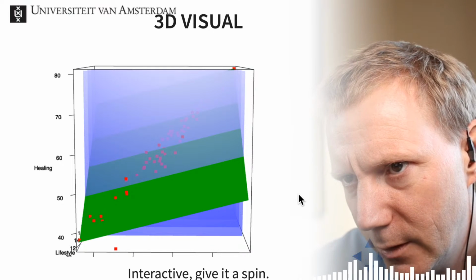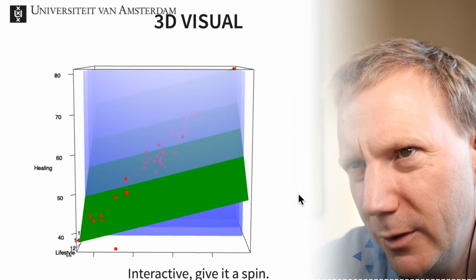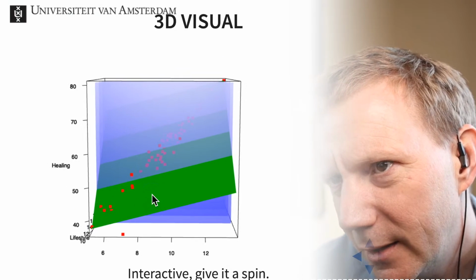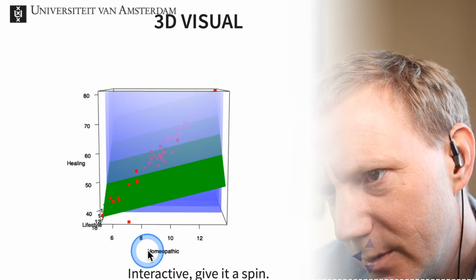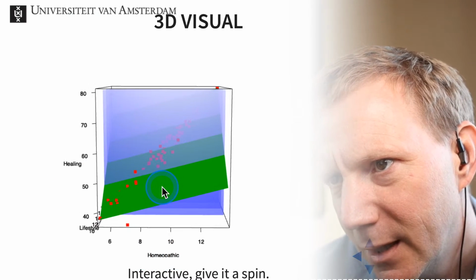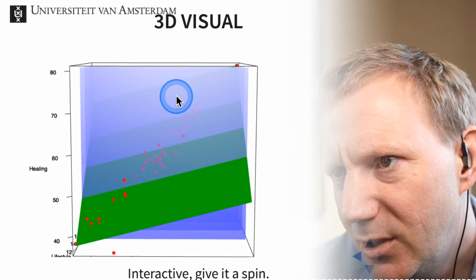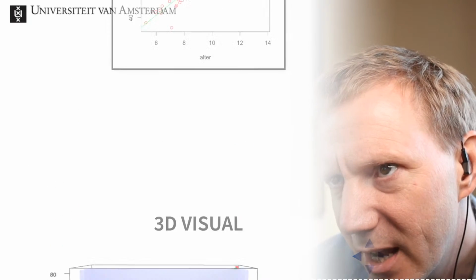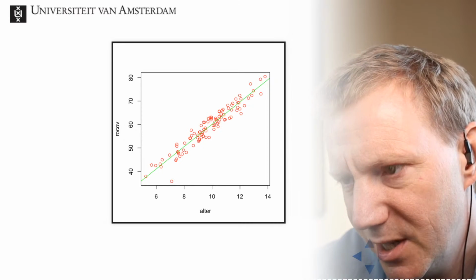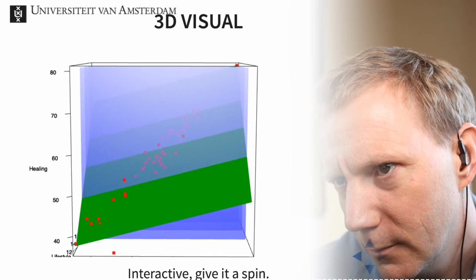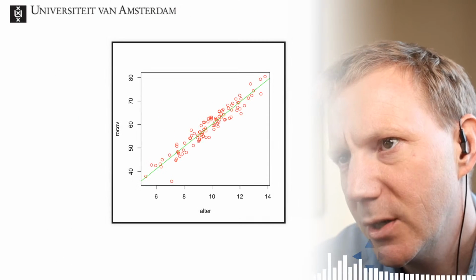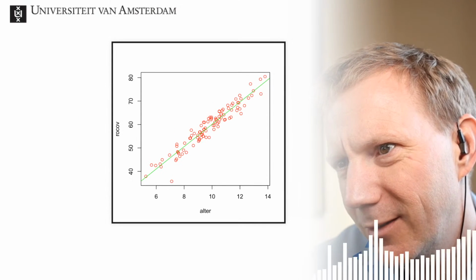Yes. Very good. So if you look at these red dots, then you see that the relationship between homeopathic use and healing, these dots are exactly the same as we're seeing here. Do you see that? Where?